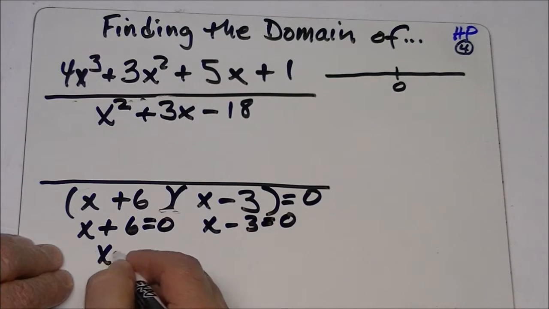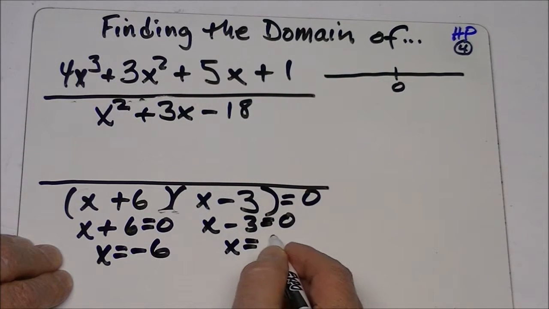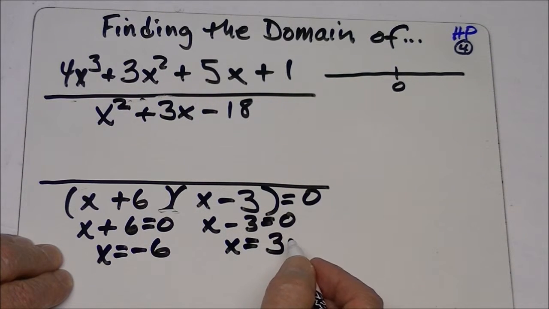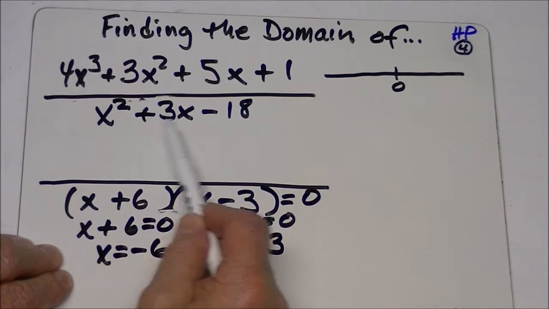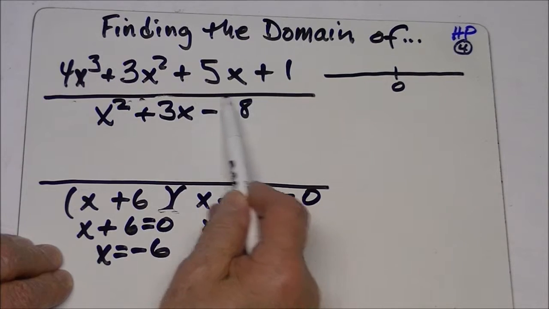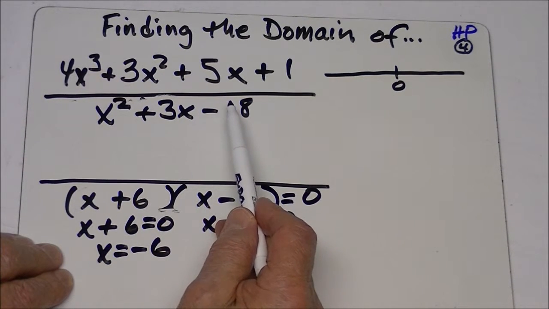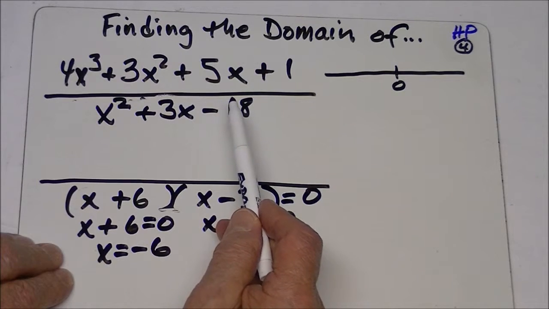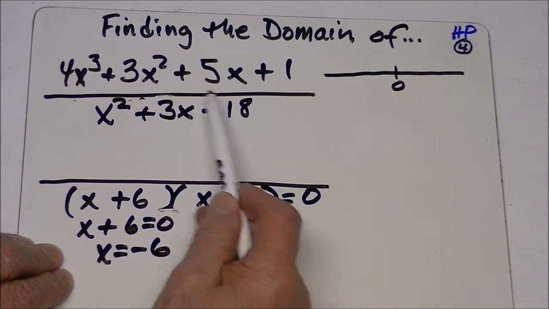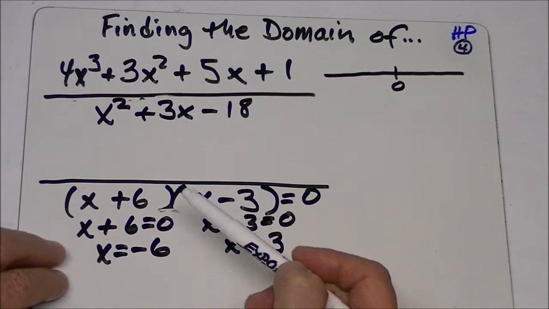And then here x would equal -6, and here x would equal 3. So if we put a 3 in there or a -6 in there, it would make this denominator a 0. So therefore they have to be excluded from values of the domain of x.